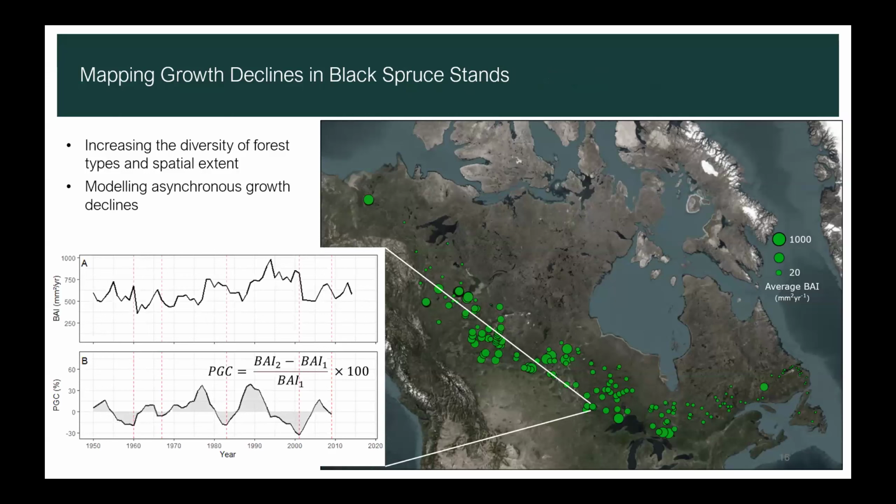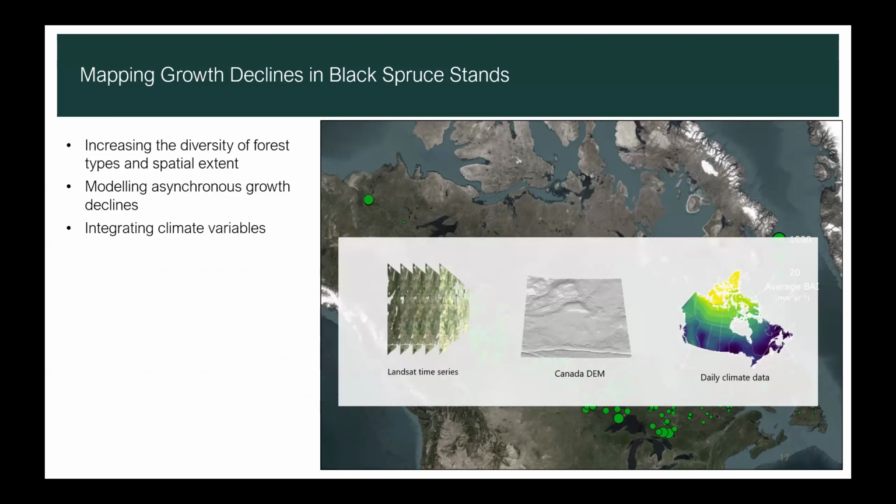So what we're trying to look at is the percent growth change over time: from the basal area increment, how does the percent growth change in consecutive moving averages evolve over time. To do that, we had to change a little bit the variables that we are using. We don't have access to LiDAR data for the entire extent of Canada, so it prevents us from including very fine-scale digital elevation models or forest attributes or EFI data, because we don't have them for the entire extent of the project.